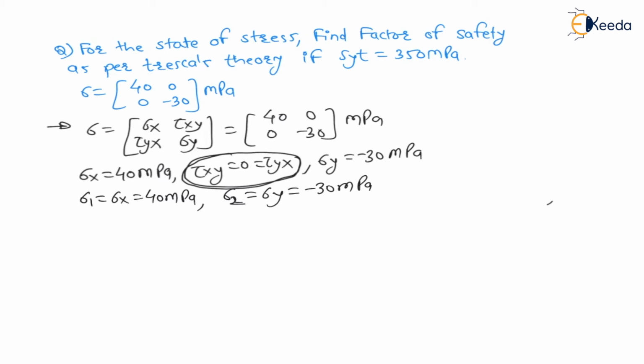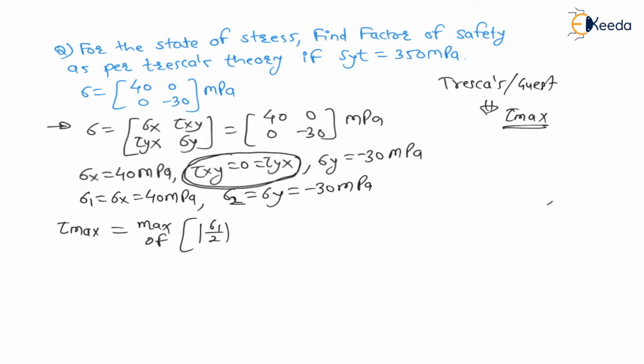Now, they are asking to find as per Tresca's theory. Tresca's theory is also called gauge theory, or it is also called maximum shear stress theory. Therefore, we have to find maximum shear stress, and for the theories of failure topic, maximum shear stress is nothing but the maximum of mod of sigma 1 by 2, mod of sigma 2 by 2, and mod of sigma 1 minus sigma 2 by 2.